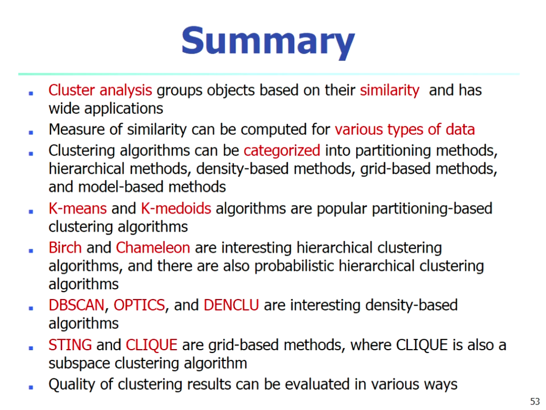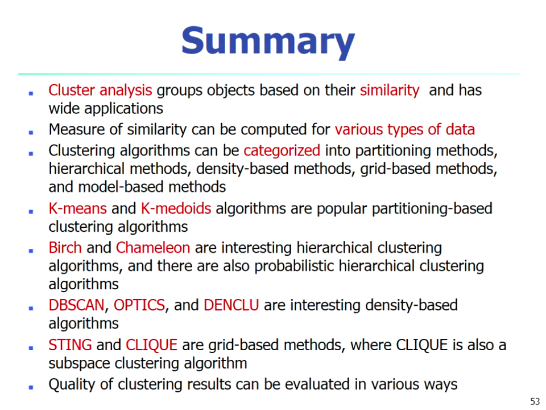Clustering algorithms can be categorized into partitioning methods, hierarchical methods, density-based methods, grid-based methods, and model-based methods. For example, for partitioning methods, we can cite k-means and k-medoids. K-means and k-medoids algorithms are popular partitioning-based clustering algorithms.